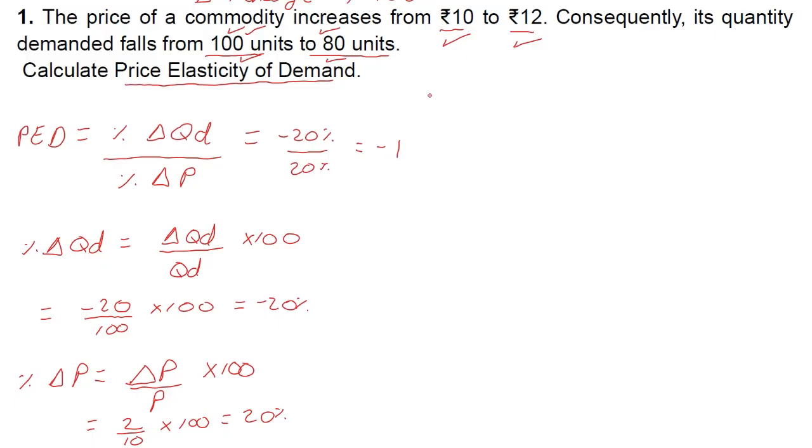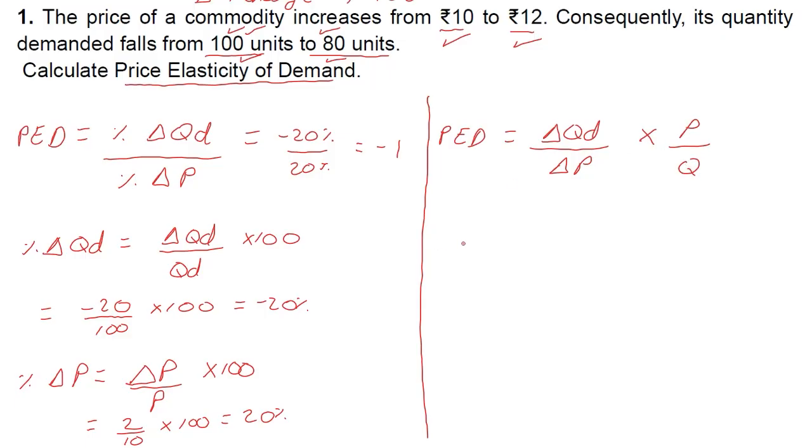PED is minus 1. Now, the alternative formula that you can use for price elasticity of demand is change in quantity demanded upon change in price into price upon quantity demanded. Okay, so this change in quantity demanded, again we're going to stick to the formula new minus old when we are calculating change.